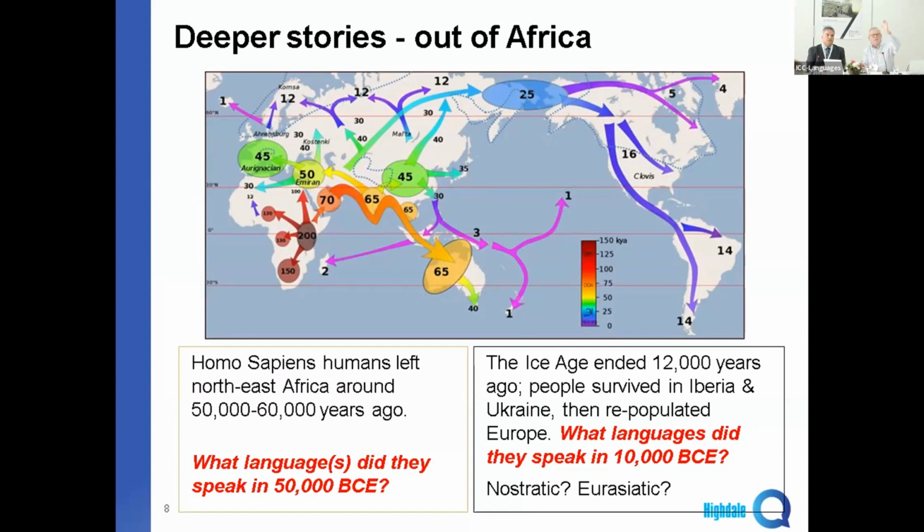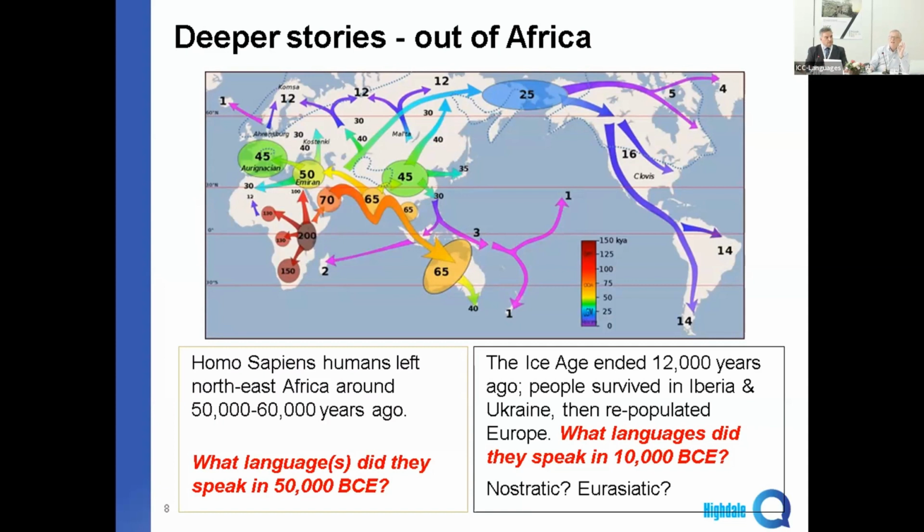And about 12,000 years ago, the Ice Age ended. The ice that covered the whole of Europe ended. And people who had survived lived in Ukraine, southern Ukraine, and Iberia, the Basque country. They're the only people who lived in Europe because it was too cold. And they spoke languages. We don't know what languages they spoke, but 10,000 years ago, somebody spoke those languages.